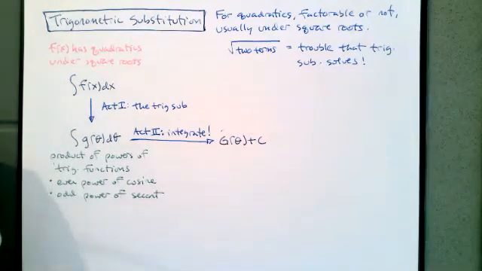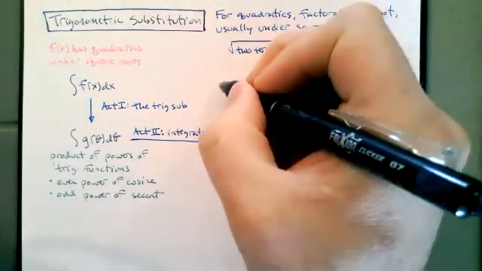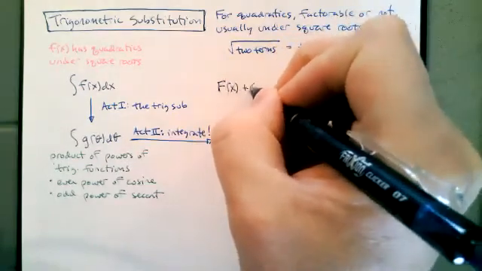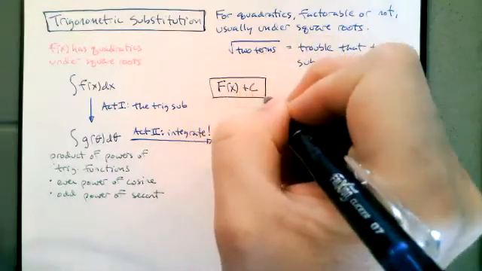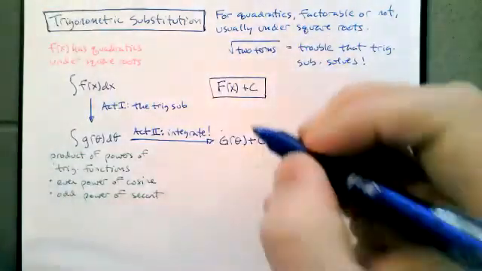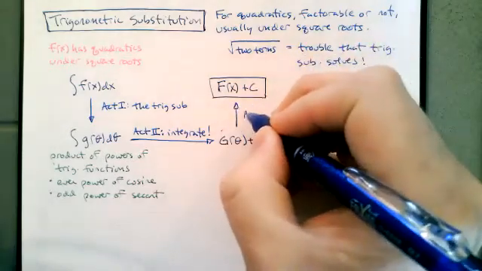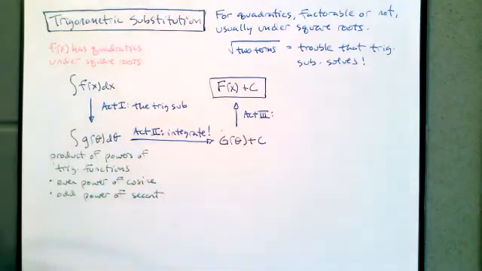And then the last thing that we need to do, which is the one that we haven't learned yet, is to go back to our original variable, the function that we're looking for. So Act 3: we do the untrig substitution.